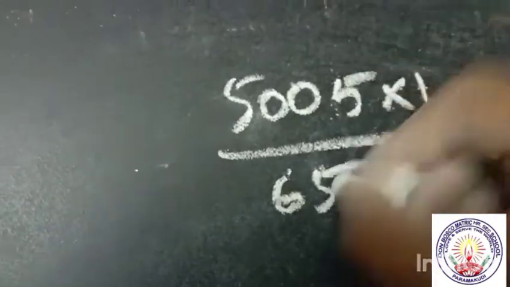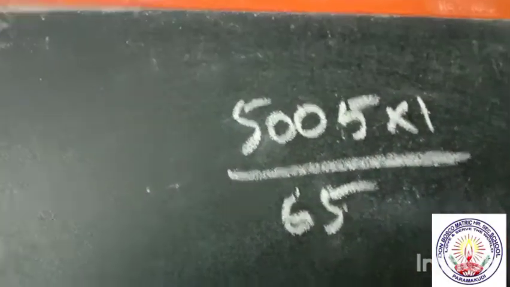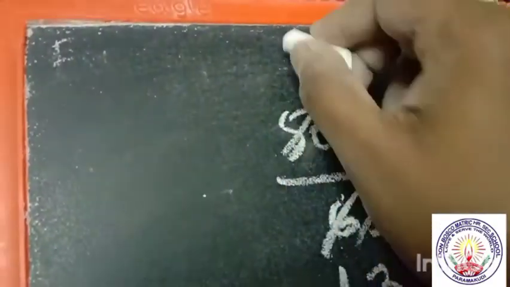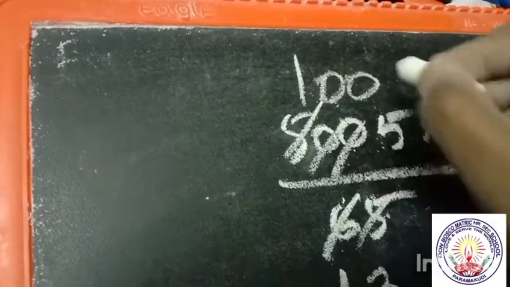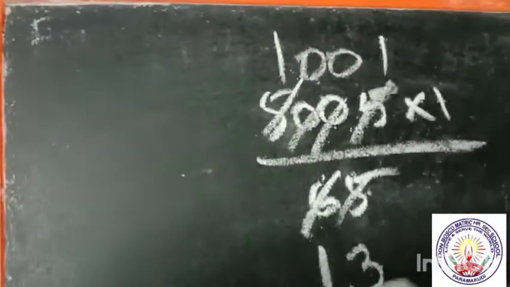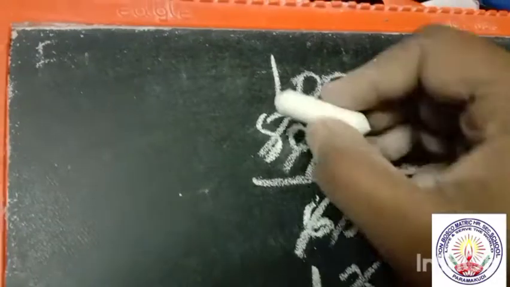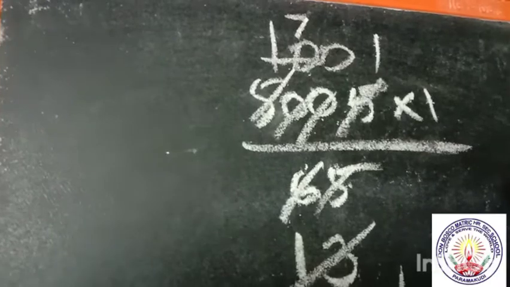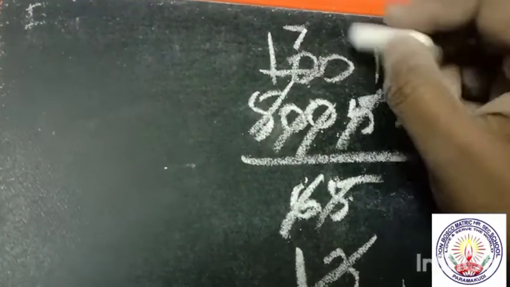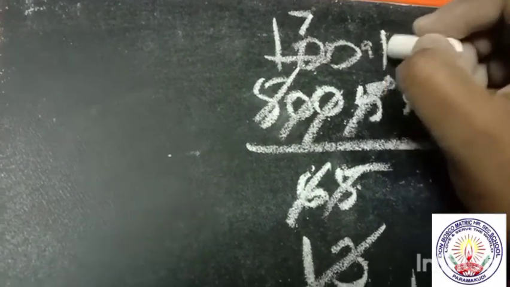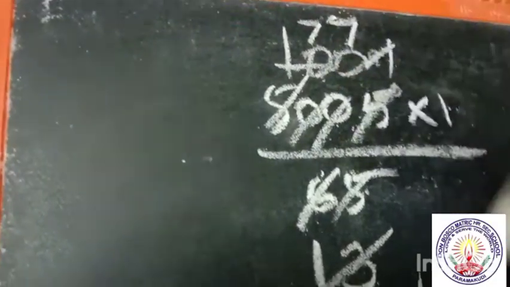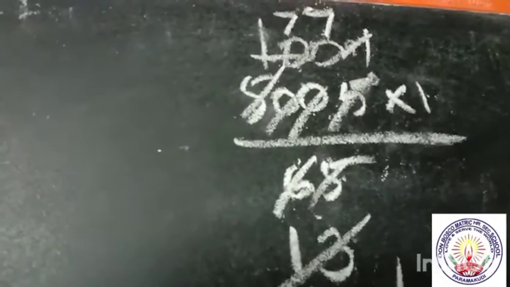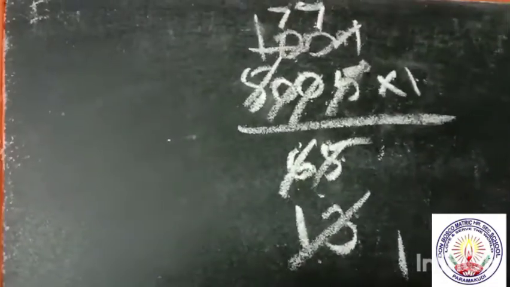Both numbers are divisible by 5. 1 5 is 5, remainder 1, 3 5s are 15. 1 5 is 5, 0 0, we just put 0 and 1 5 is 5. 13, 1 13 is 13, 7 13s are 91. 100 minus 91 we get 9, 7 13s are 91. So what is the answer? That is 77.